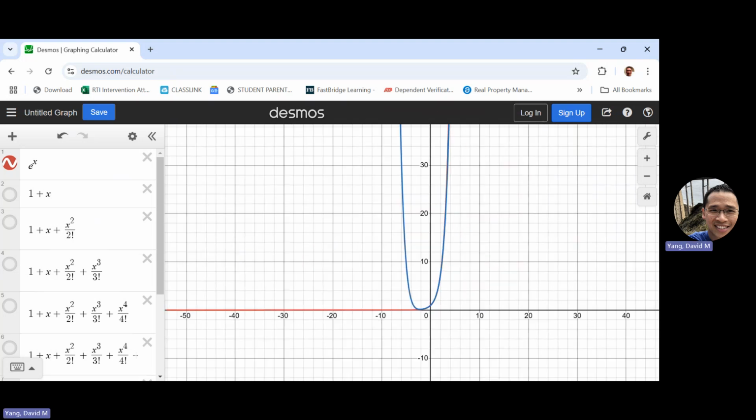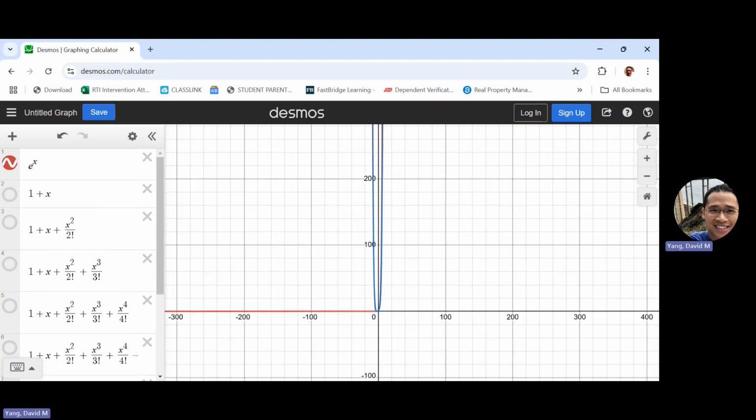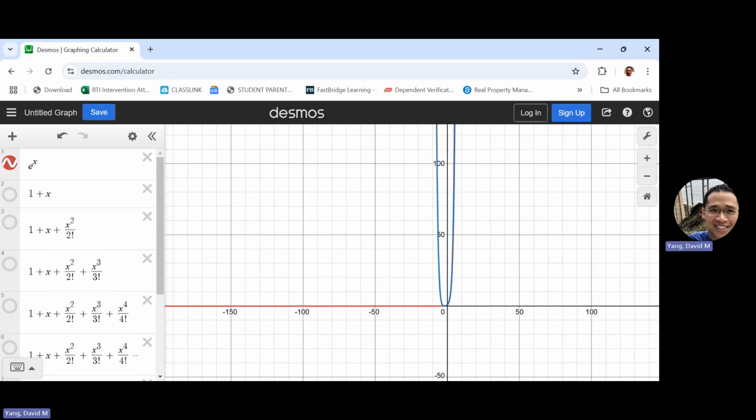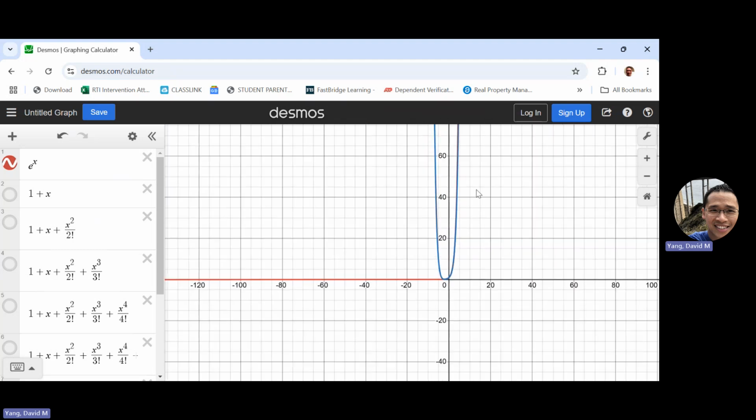I mean, it's doing a better job on the right side, but the left side is going to take a lot of work. But that's the idea, that not only can we get a polynomial to look like a non-polynomial, but we can have it mimic exactly if we can create a series that will go out to infinity. Okay.